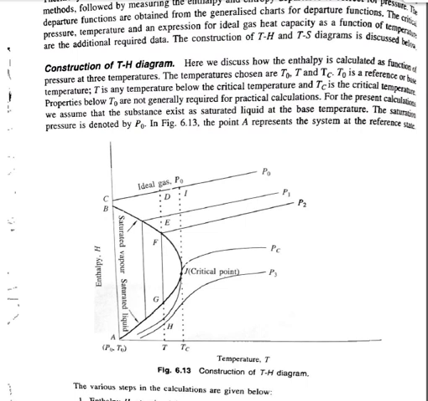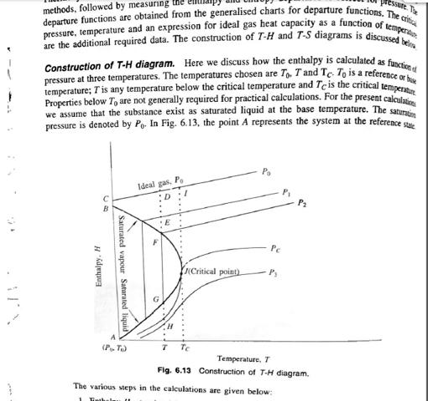As per the construction of the TH diagram, here we discuss how the enthalpy is calculated as a function of pressure and at three temperatures. When enthalpy is a function of three temperatures, how can we calculate it? So the temperatures chosen are T0, T and Tc.